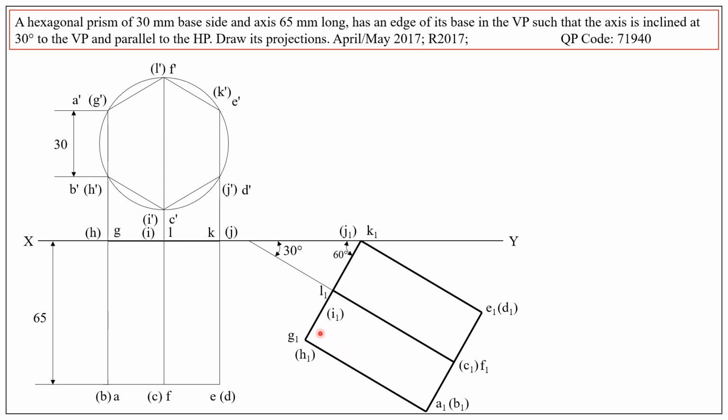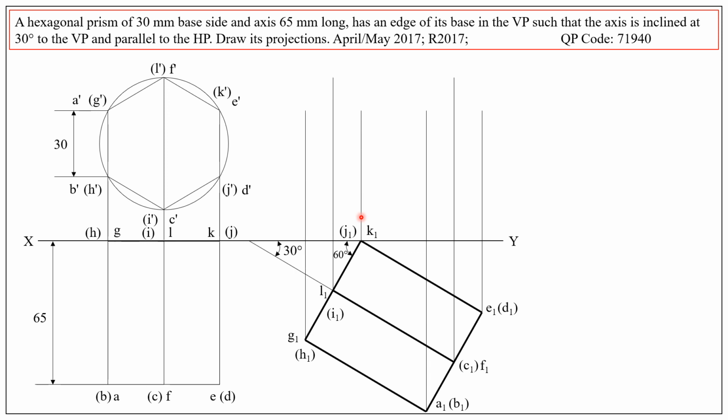Remember, there are 12 corner points in the top view, but we have shown only 6 corner points because the remaining 6 coincide with the same location. So from these 3 corner points, draw projectors. Similarly, from these 3 corner points, that means G, L, K, draw projectors.